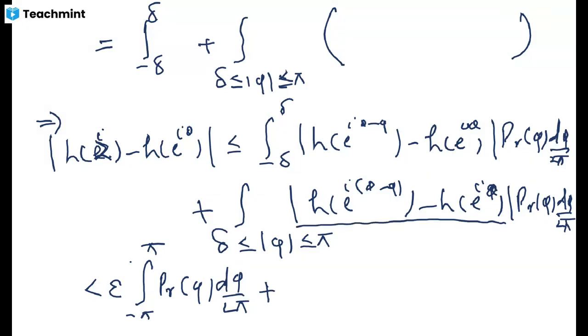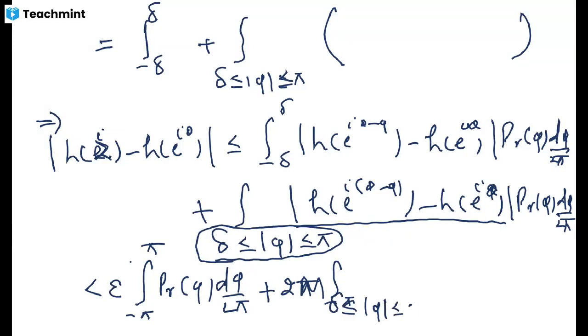So then I will have this h is less than or equal to M, and another h is also less than or equal to M, so I will have twice M. And again, I'm going to increase the domain of integration, but let's keep this only: delta less than or equal to |φ| less than or equal to pi, and this is the modulus of P_r(φ) dφ/2π.